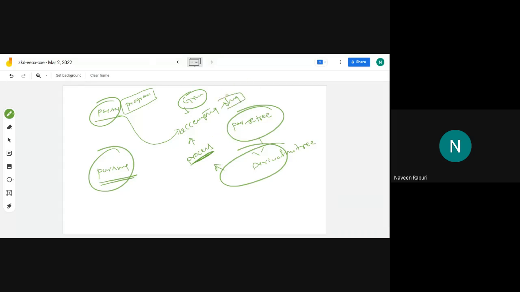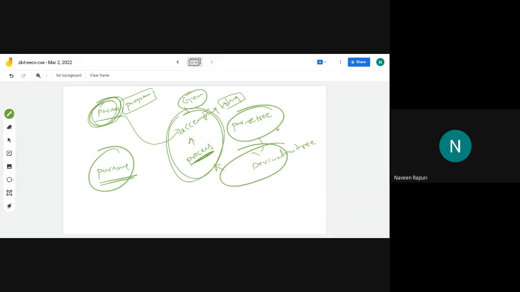So context-free grammar is the tool, and parser is an algorithm or program which is used to do all these processes.